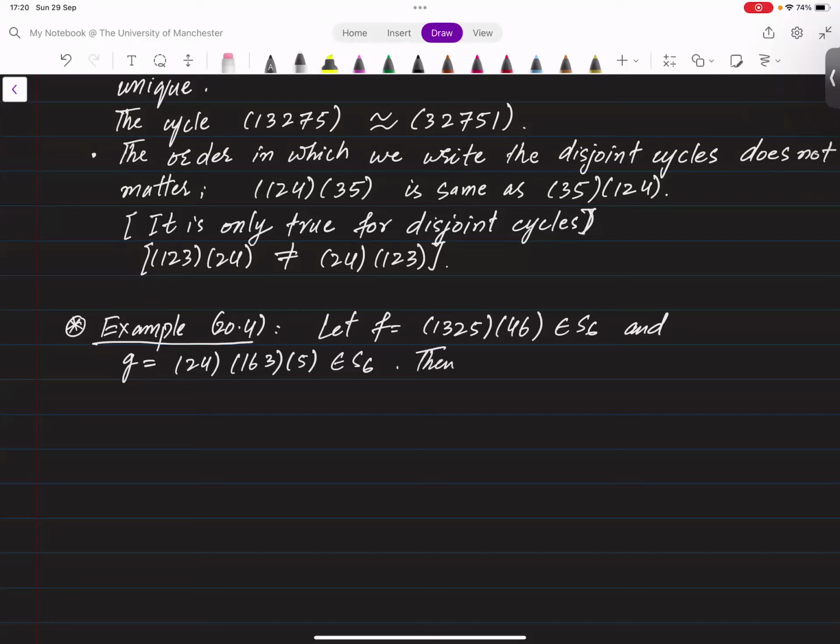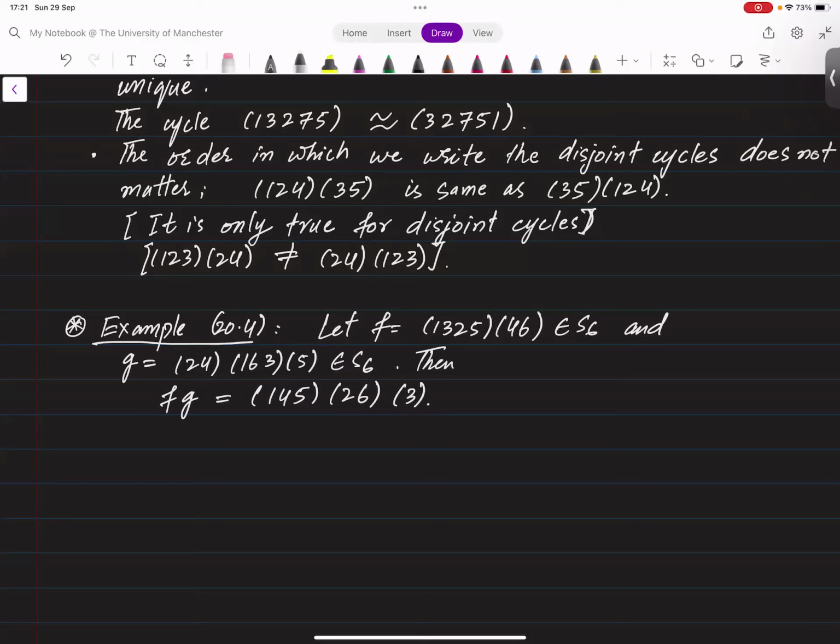Then the composition of F and G, or the multiplication of F and G, is nothing but 1 4 5, 2 6, and 3 is fixed. So how do you do that?